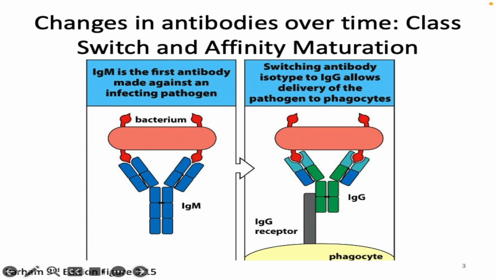The reason why I want you to know that is as I'm going to tell you about different isotypes, you will see that different isotypes are good in different situations. And so it is actually possible to switch isotypes to have the isotype made that is the appropriate one for that situation.